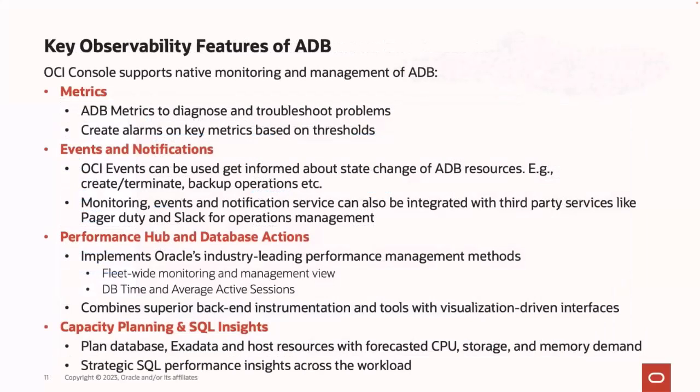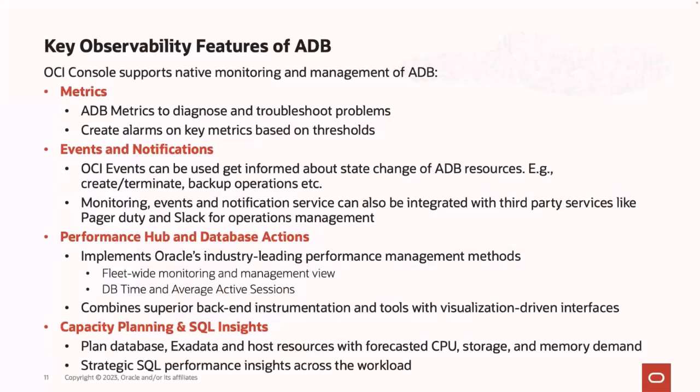All right, in terms of key observability features for Autonomous Database, the OCI console and suite of services natively support monitoring and management of Autonomous Database. From a metrics perspective, you can use the OCI Monitoring service to ingest Autonomous Database related metrics to diagnose and troubleshoot problems.